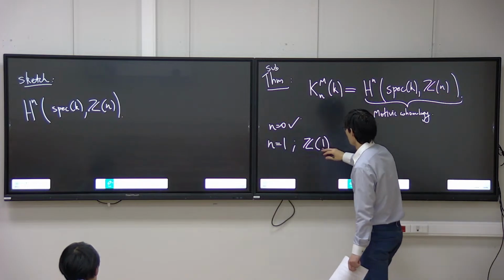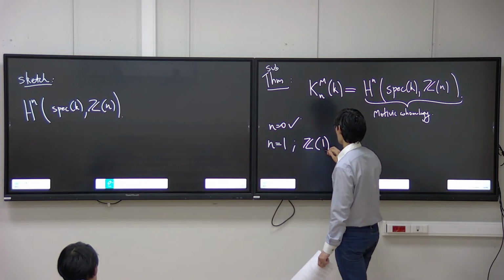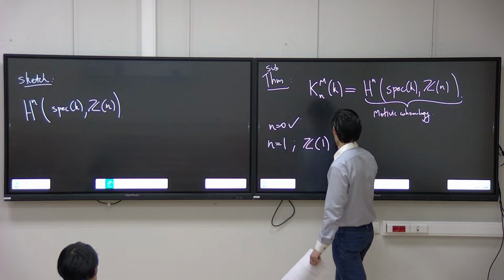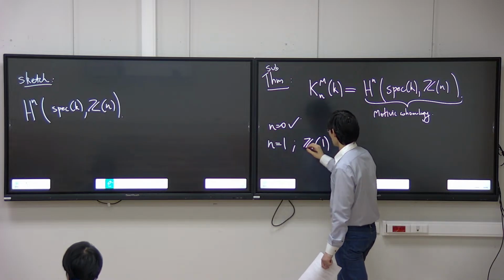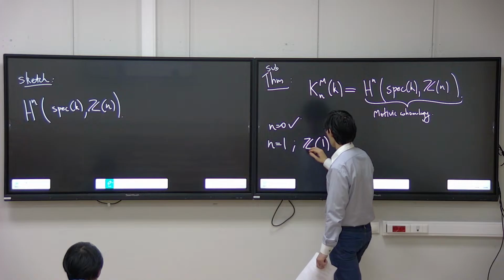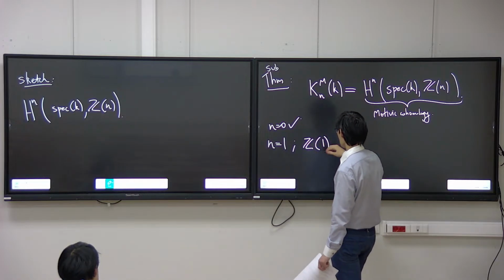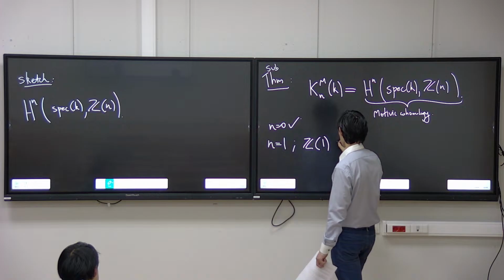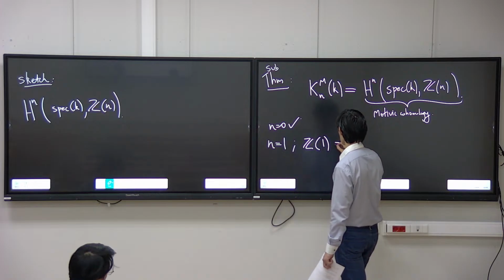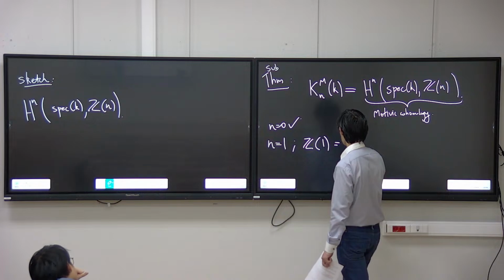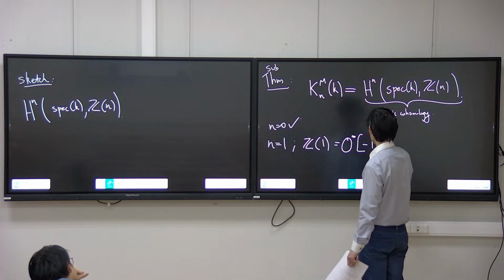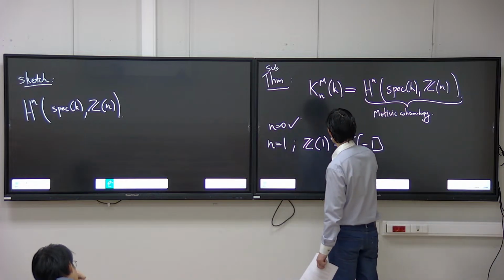I mean, this is not a sheaf, right? What I mean is, if I take its image in DM, in the sheaf category, then this is actually equal to the sheaf of units in degree -1. So this is a calculation.